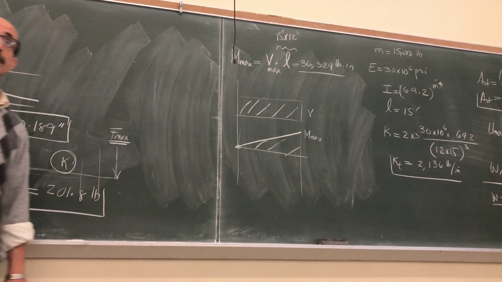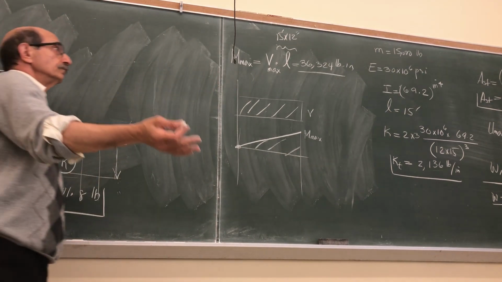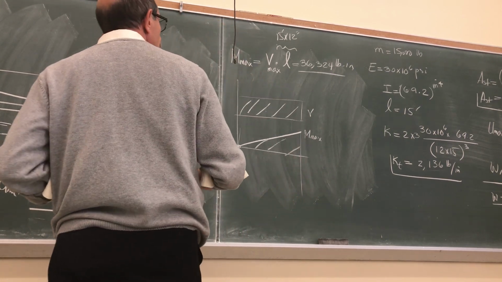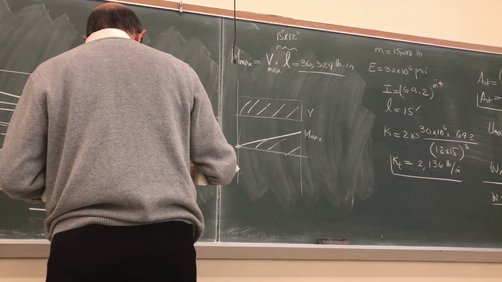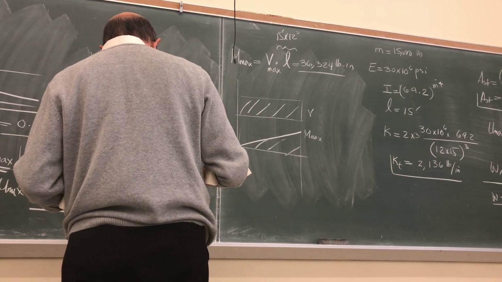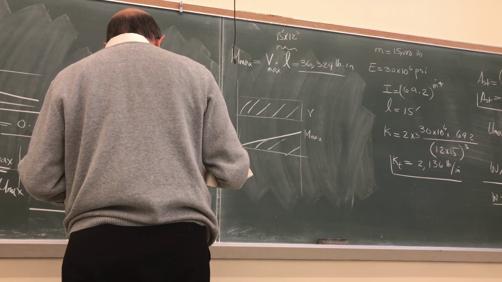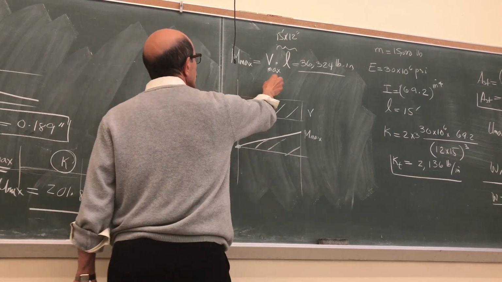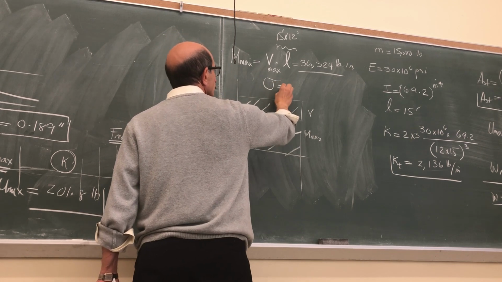So that's that. So you remember now the thickness is given. The I over C of the beam is the section modulus. So maximum stress is what?